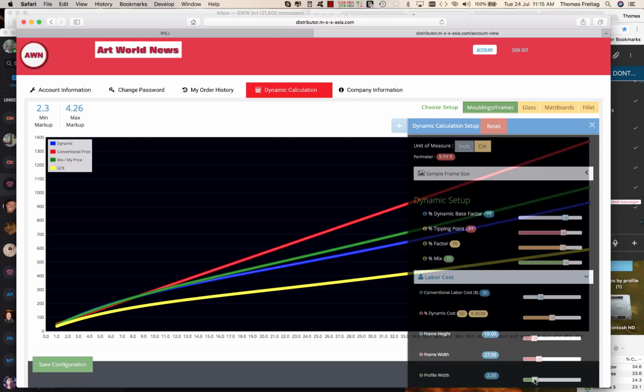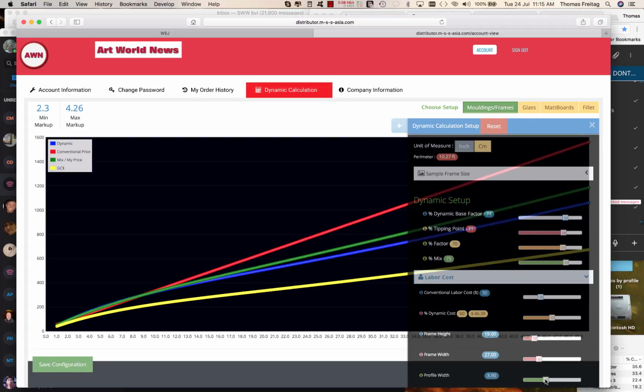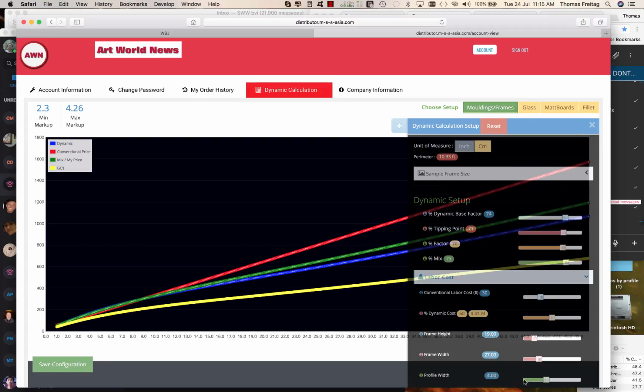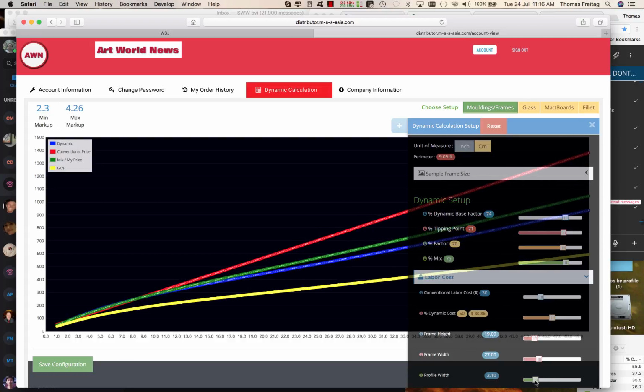If you now look at what the dynamic does, if you use, for example, a 4-inch molding, your dynamic labor cost is going from $30 to $47. The dynamic for the labor cost adjusts the cost to the molding size and the frame size.